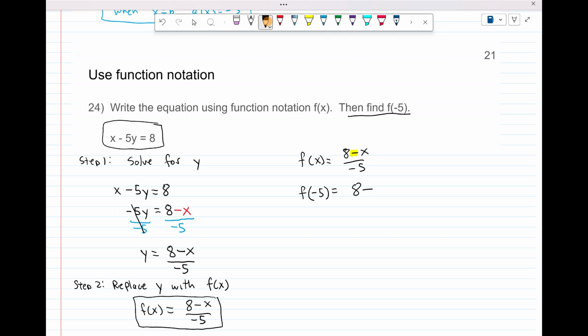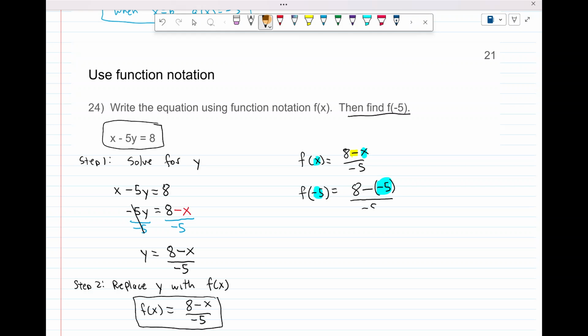So this will be a minus, and then when I replace the x with negative 5, I'm actually going to get another negative. I end up with a double negative here. So make sure whenever you plug in a negative number, if there's already a minus sign before it, you'll end up with a double negative.